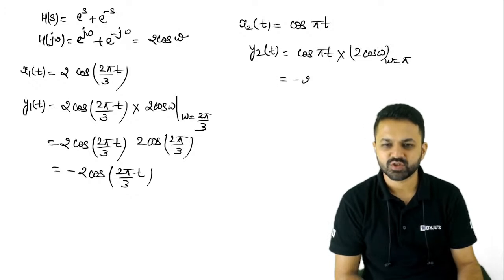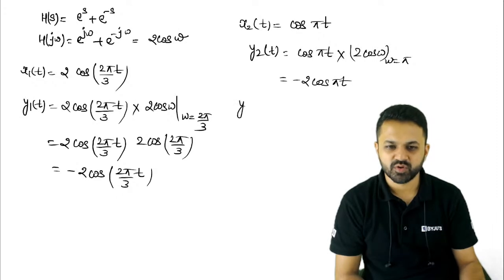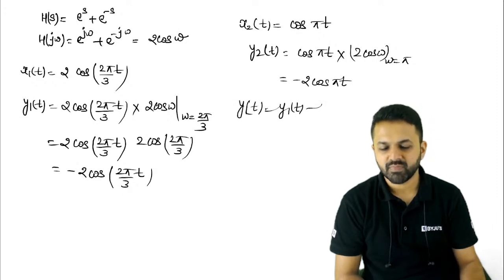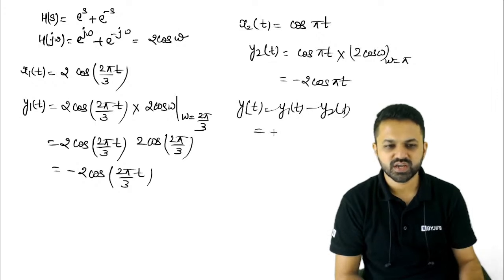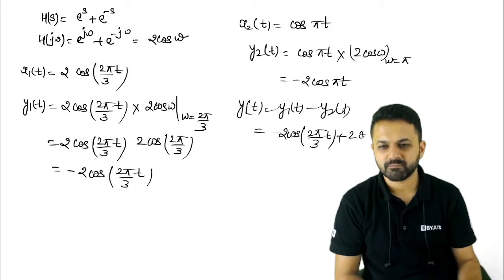Cos pi is also minus 1, so this is minus 2 cos pi t. So the output will be y of t equal to y1 of t minus y2 of t. Here you get minus 2 cos 2 pi by 3 t, and minus minus becomes plus 2 cos pi t.